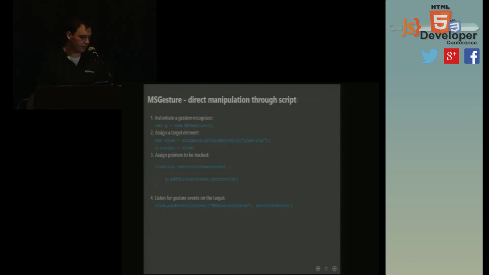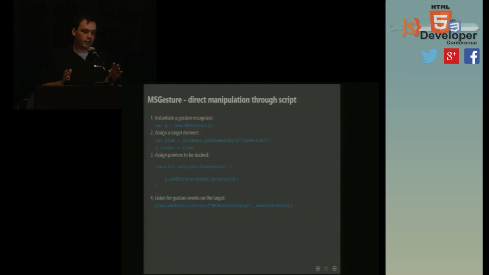So we have a new API called MS Gesture that is a way for the browser to help you process pointer input and give you gesture data. In the same theme as panning and zooming or pointer events, we designed this to work across input devices as well. So you can recognize mouse gestures, pen gestures, touch gestures, etc. And it's a pretty powerful API. I'll walk you through how it works.